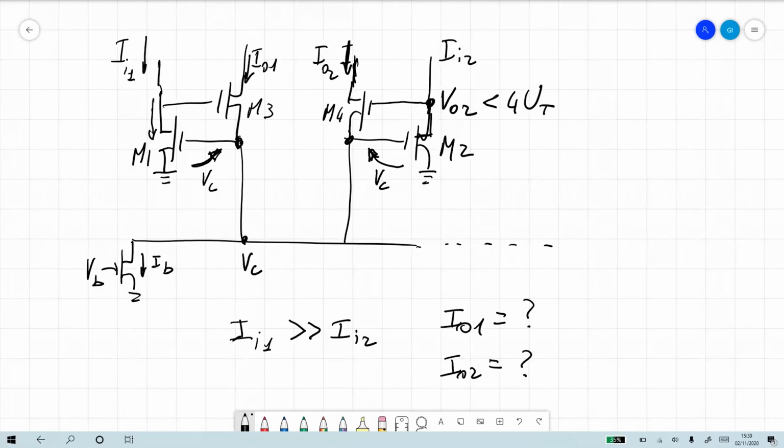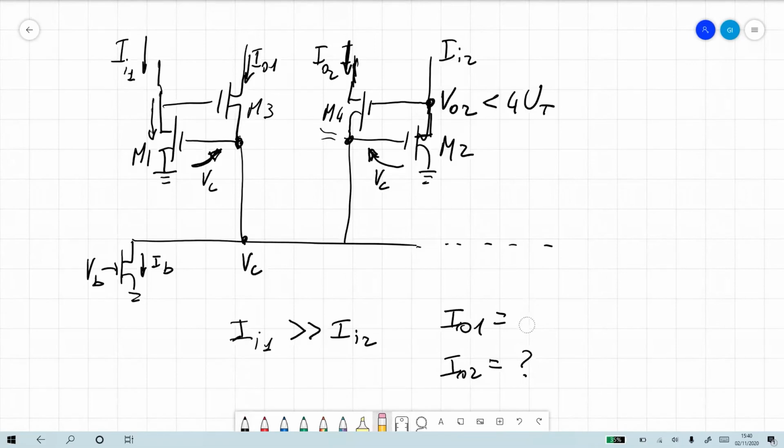So is this assuming that this is the extreme in which IO1 takes all of IB? Yes, it's exactly that, because it's not extreme. As long as I in 1 is sufficiently larger than I in 2, then VO2 will go in the ohmic, so M2 will go in the ohmic region, VO2 will drop below 100 millivolts, M4 will switch off, and then M3 will have to absorb all of IB.